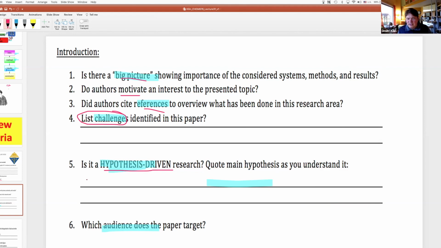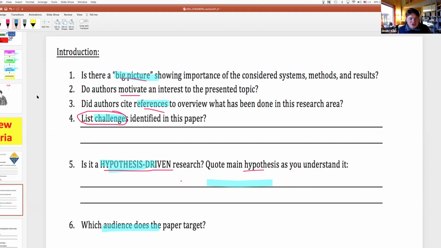So there are two good words that one may say about someone else's research to promote it. You can say that it is hypothesis-driven research, and you can say that it is transformative. So if there is a hypothesis, reviewers may try to reproduce it.